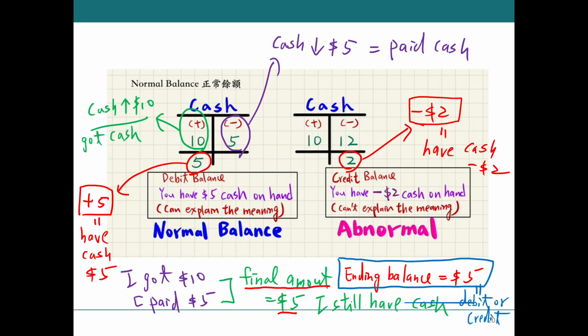This one, right? How could I have cash negative $2? So for this case, it is abnormal. What does it mean? It means it is impossible to happen. Abnormal means impossible.